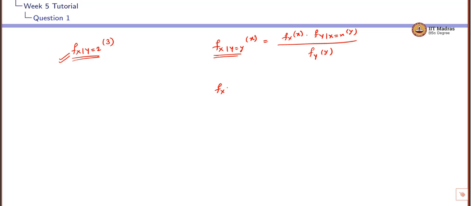So you have to find fx given y equals to 2 of 3. By substituting the values of x and y in this formula, we can write fx of 3 into fy given x equals to 3 of 2 divided by fy of 2. Now we know fx of 3 is 1 by 2 into fy given x equals to 3.